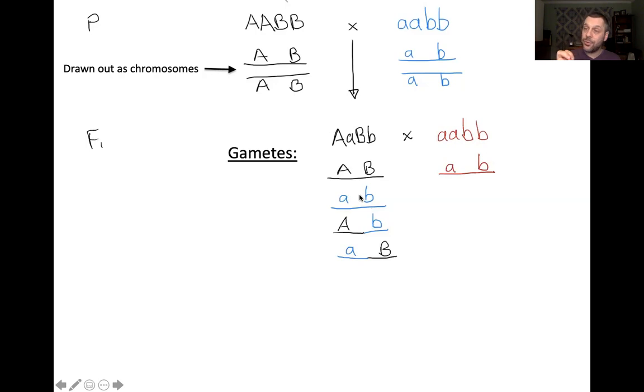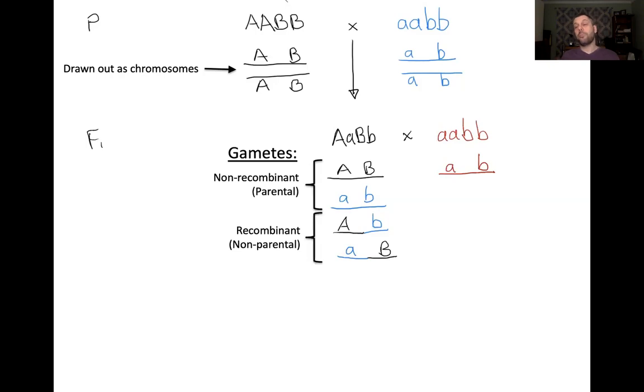Now, if a crossover takes place, it's going to leave us with these two possibilities, because we swap two pieces of DNA around. So now we have big A, little b, and little a, big B. If I look at those in the context of parental versus non-parental chromosomes, this is what I see.